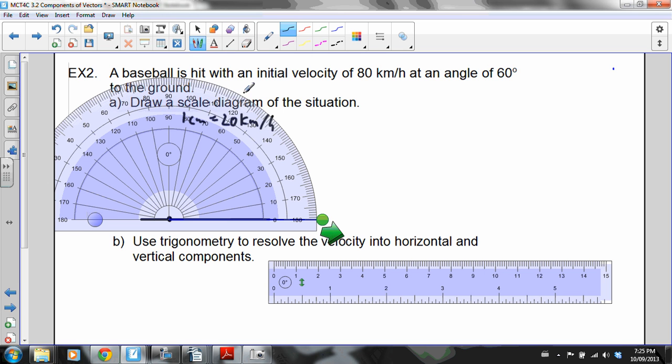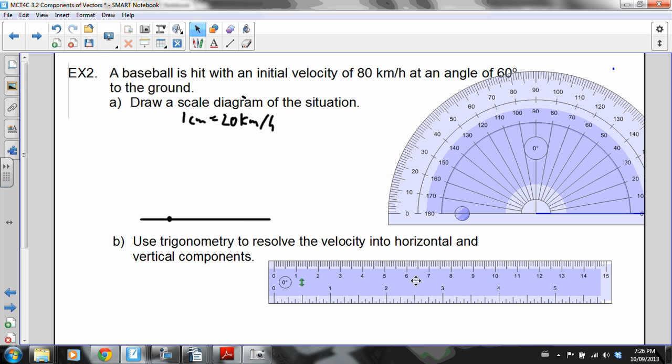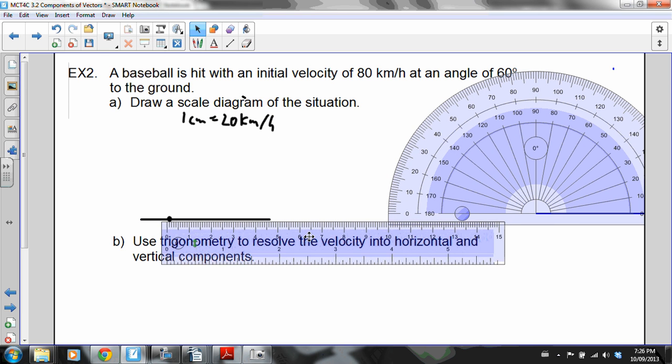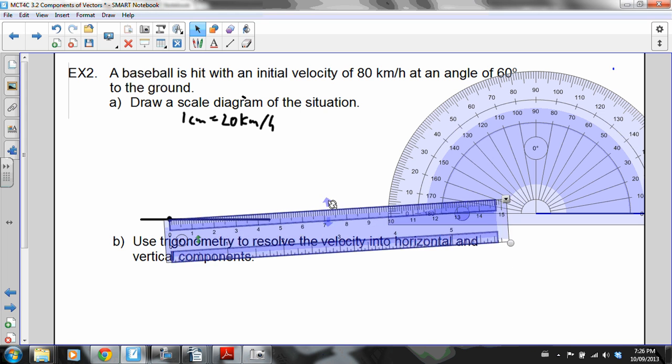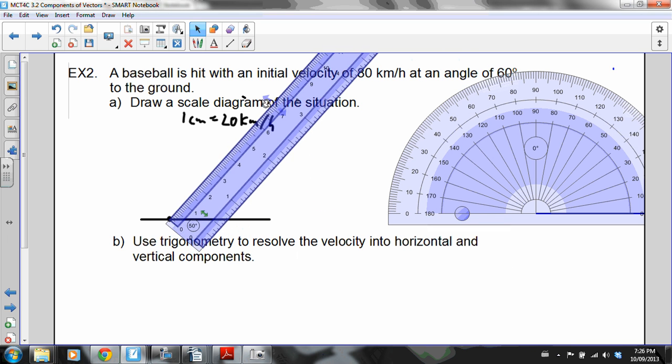60 degrees is there. It's the acute angle, so I'm going to put a little tick there. I might not have to make it that long, but I'm going to set the ruler up to do that. And look what I found. Oh, look what I figured out how to do. Right? Yeah, nice.